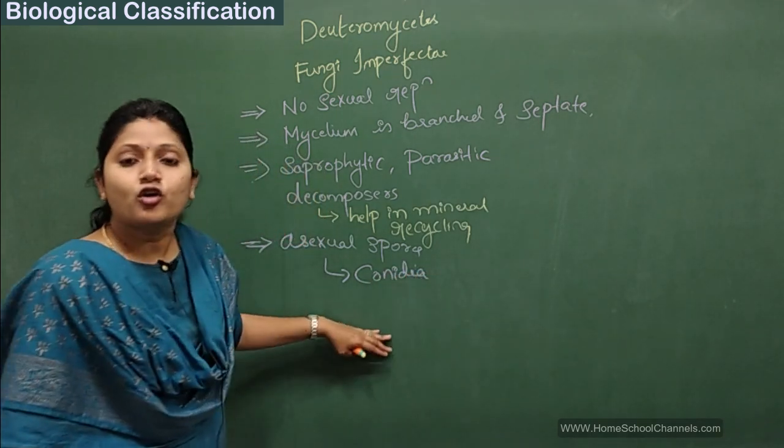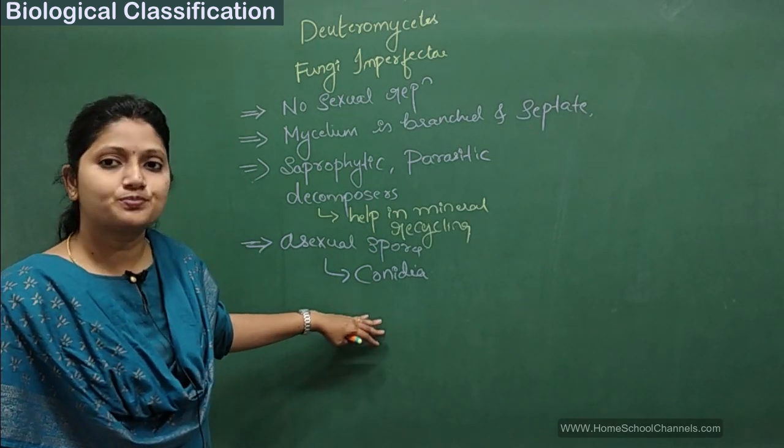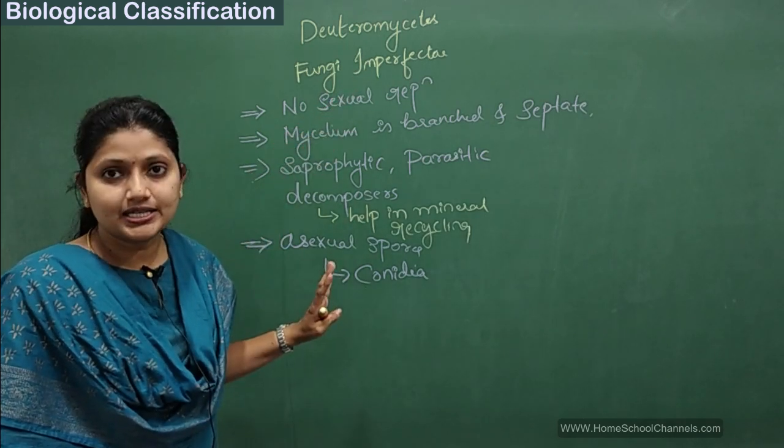They form conidia here. Conidia is a type of asexual spore which is seen in the Deuteromycetes.